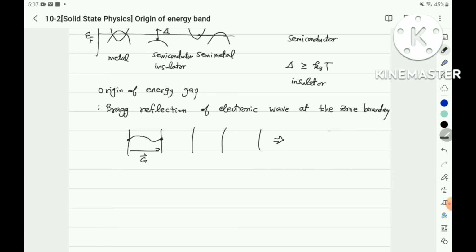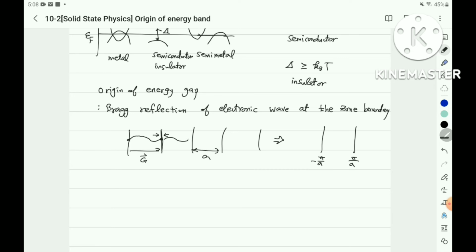In momentum space there is minus pi over a and pi over a, where a is the lattice spacing. Here the first Brillouin zone can be reduced, and it is the first Brillouin zone in momentum space. When the wave exceeds this region, it interferes with itself.